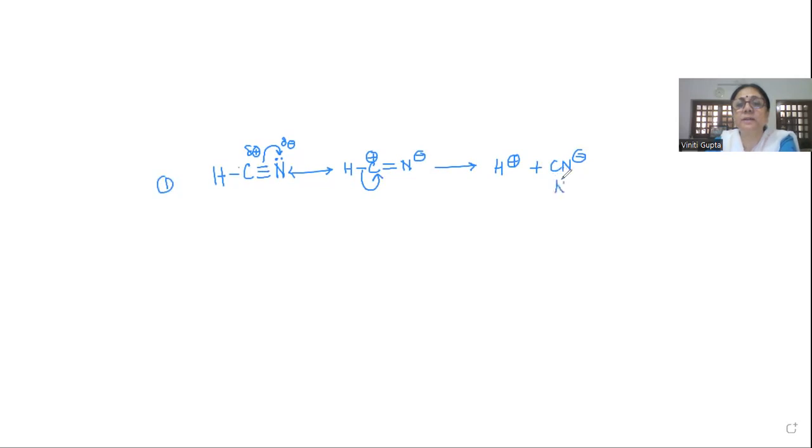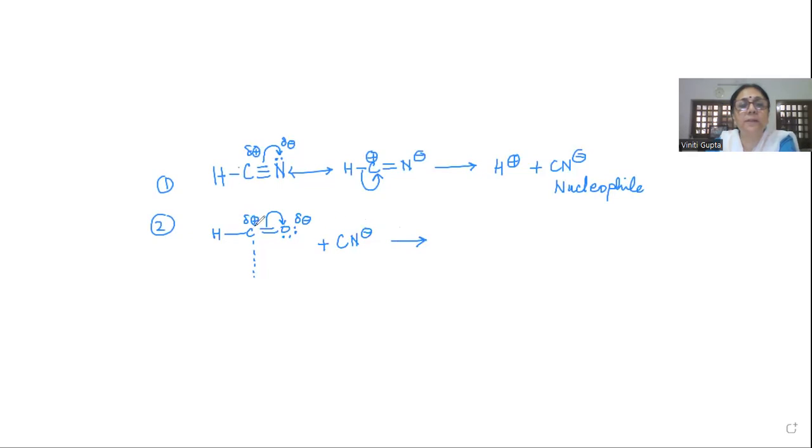Now, this is the nucleophile. What happens next? In case of a carbonyl group, oxygen is an electronegative atom. As soon as an electrophile comes here, since there is no conjugation here, the pi electrons will go to oxygen. This will become delta negative and carbon will become delta positive.